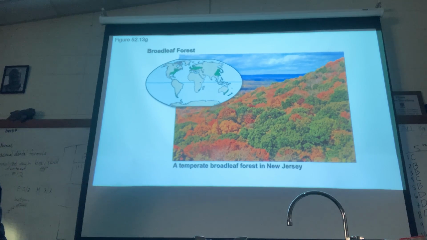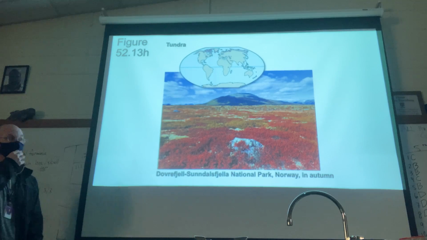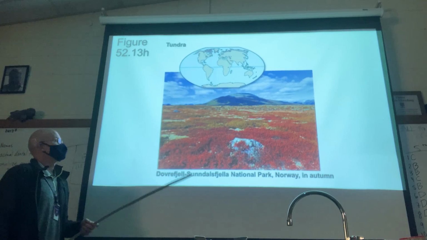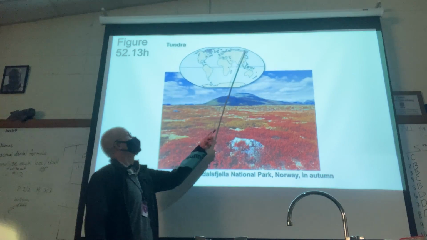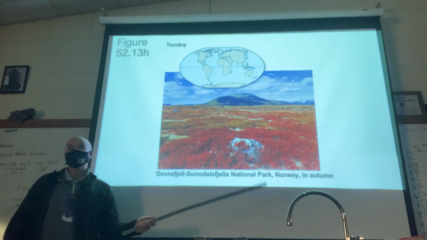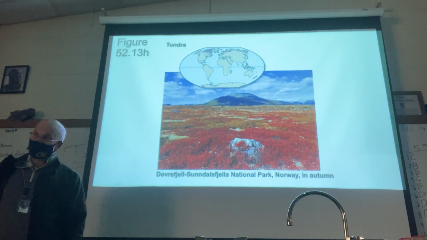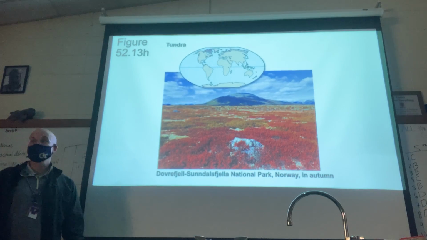And then finally, this is not all of the ones listed, but the tundra. Look at that really high northern band of tundra. Not enough precipitation to support trees, and it's just too cold as well.